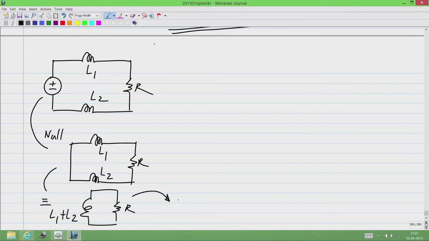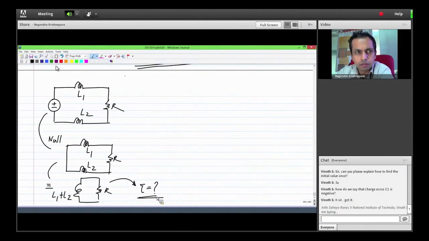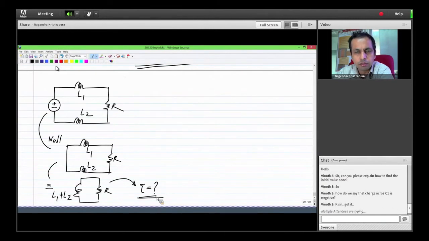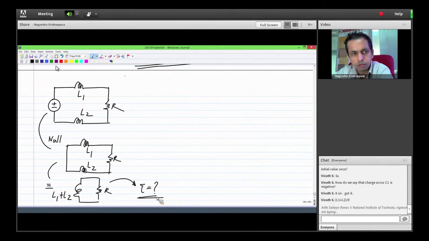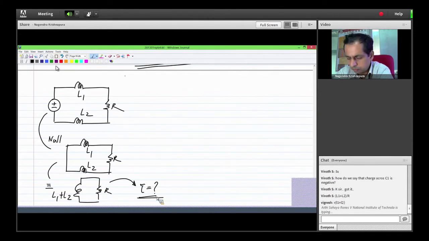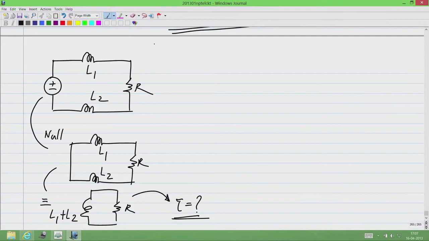So, what will be the time constant of this circuit? The time constant is the inductance by resistance, and it is equal to L1 plus L2 divided by R. I think somebody answered saying L1 plus L2 times R, it should be divided by R. Okay.